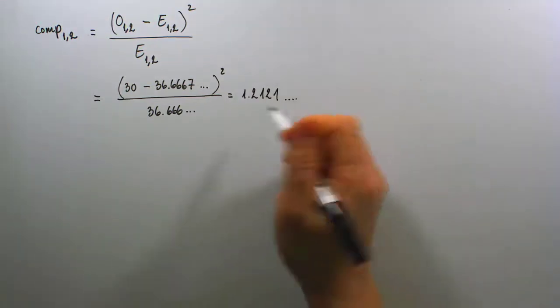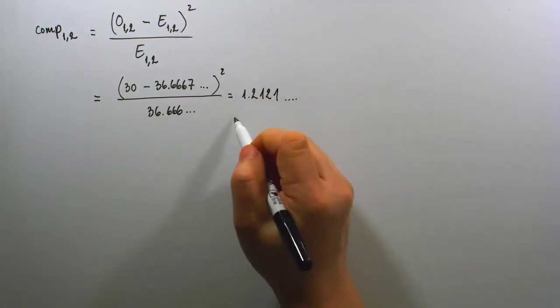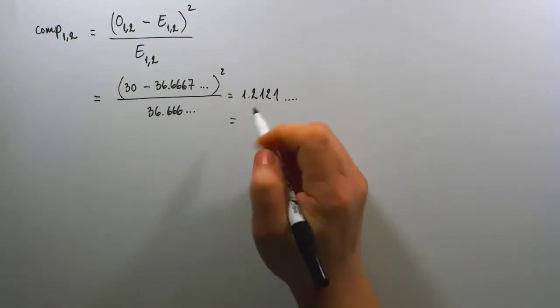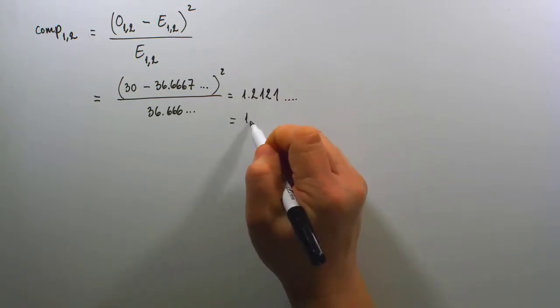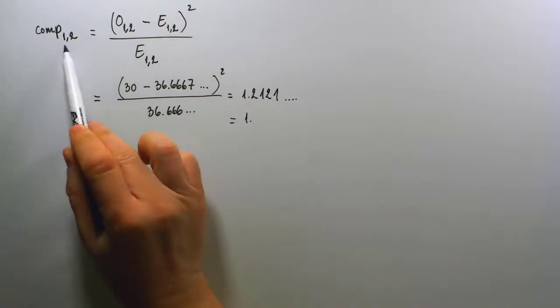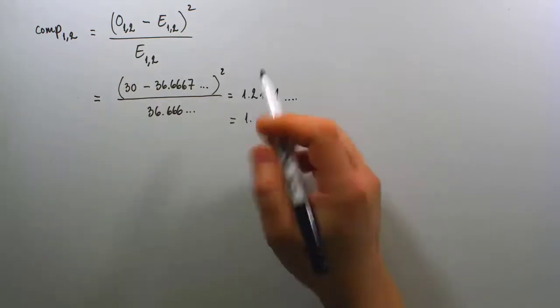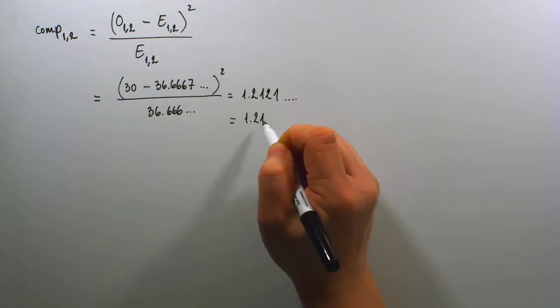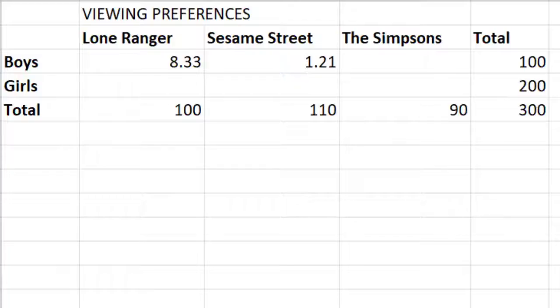And now for components, unless being specified otherwise, usually I'm going to round to 2 decimals. So this final component for row 1, column 2, I'm going to round to 1.21. And so now on my computer screen right here, back to our table, I'm filling in the component for row 1, column 2 right here, 1.21.